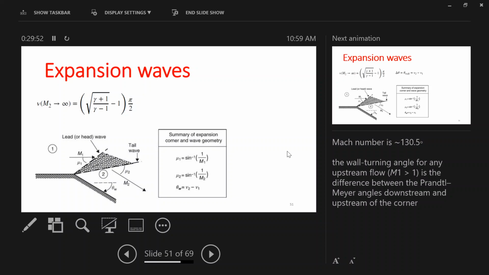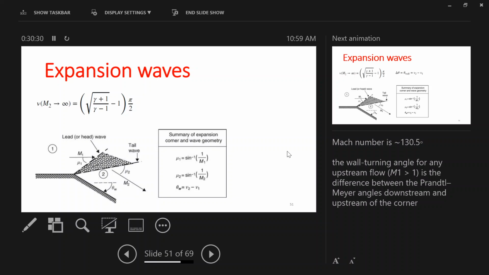So, based on this explanation, what can you say about this limit value? Let's say, what is this limit value for air? Can you calculate it? It's just going to be the square root of 2.4 over 0.4, minus 1, multiplied by pi over 2.